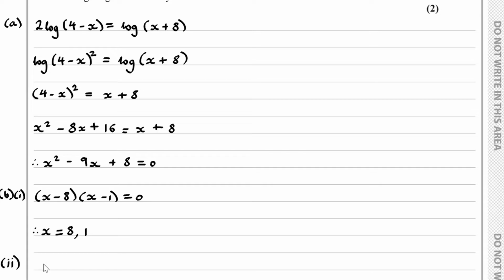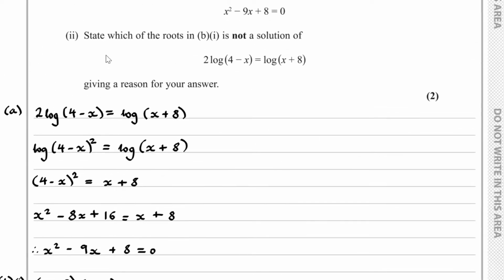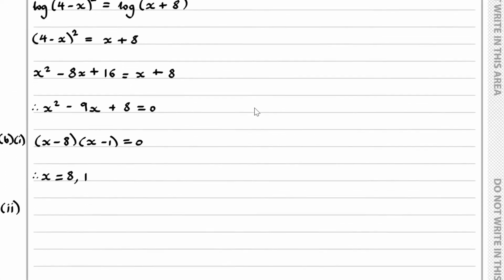And for the second part of part B, we have to state which of the roots in the first part of part B is not a solution of the equation 2 times the log of 4 minus x equals the log of x plus 8, giving a reason for your answer.